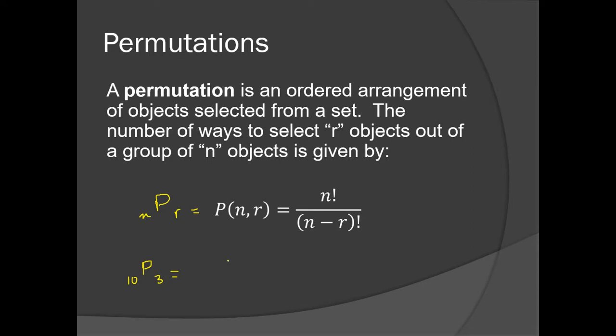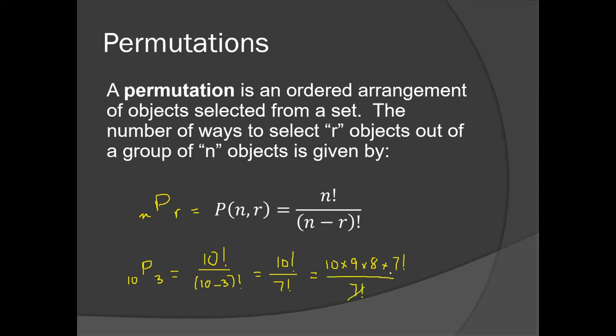So 10P3, using the formula, is 10 factorial over 10 minus 3 factorial. That is 10 factorial over 7 factorial. And using the skills we learned earlier at the start of our lesson, you can write 10 factorial as 10 times 9 times 8 times 7 factorial.